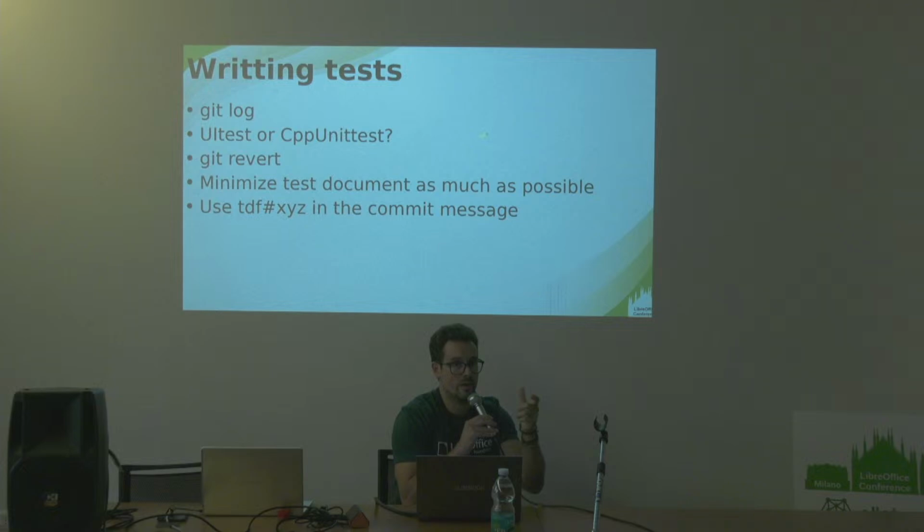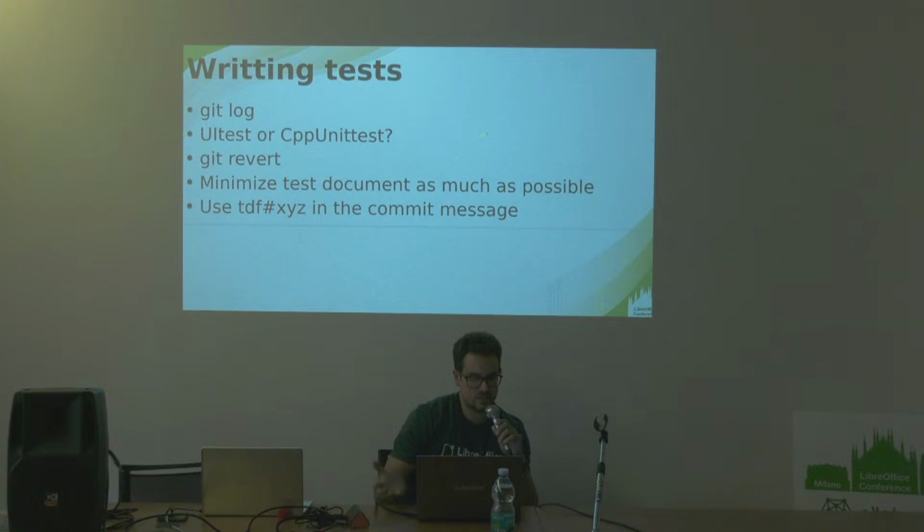So ideally, when a test needs to be written, in a way to test that it's properly implemented, the fix should be reverted. So if you write a test, it passes, and then you revert the fix, it should not pass.